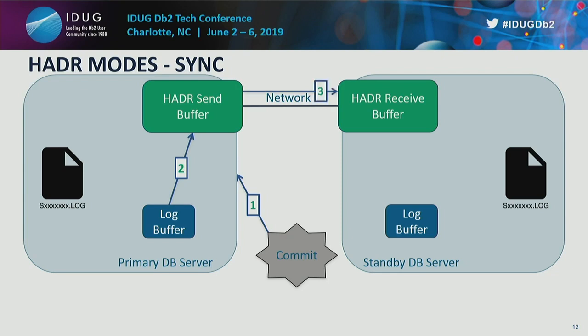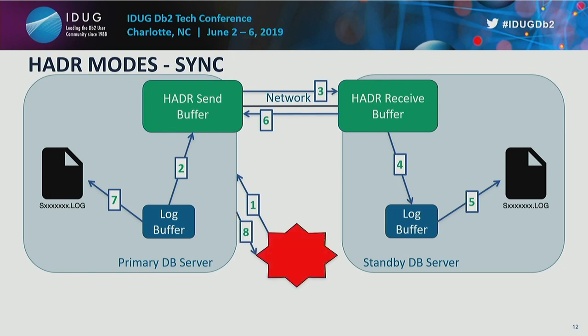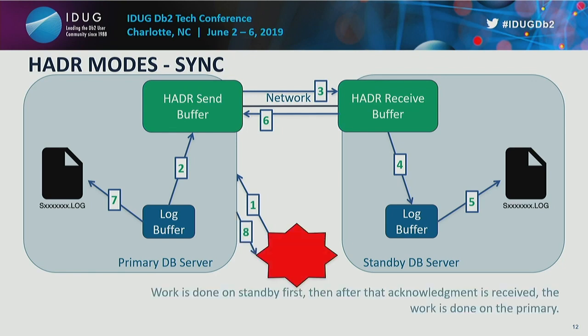First, the log buffer is sent over into the HADR send buffer over the network to the HADR receive buffer, and written out to the log buffer and out to the log file on the standby database server. And then an acknowledgement is sent back. And finally, that work is also performed on the primary database server. And only then is that commit considered successful.